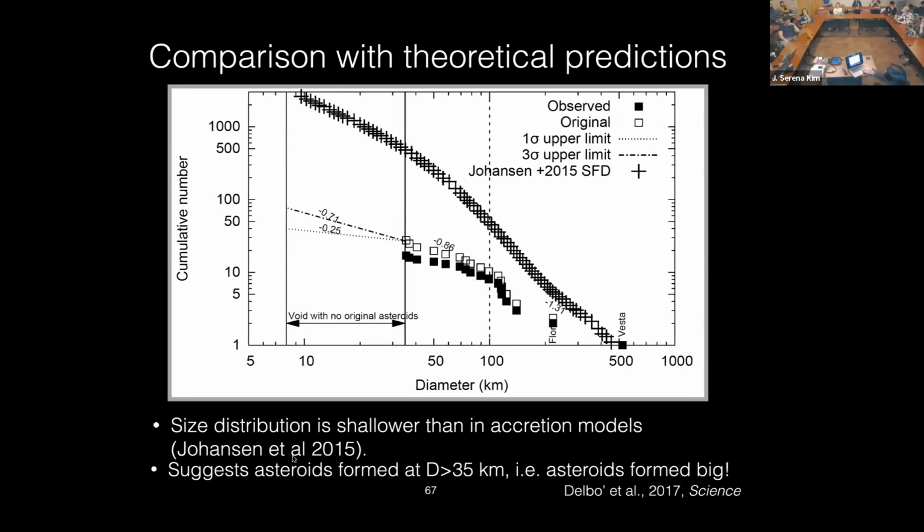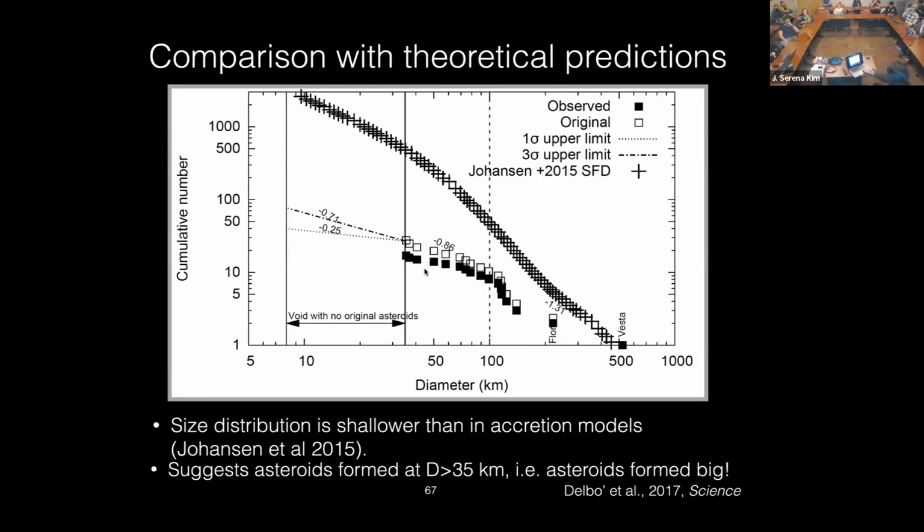We find a 3 sigma upper limit of minus 0.71, which is much, much shallower than what you would get in the accretion model. These crosses are the size distribution you would get from the accretion model, and this is our size distribution here.